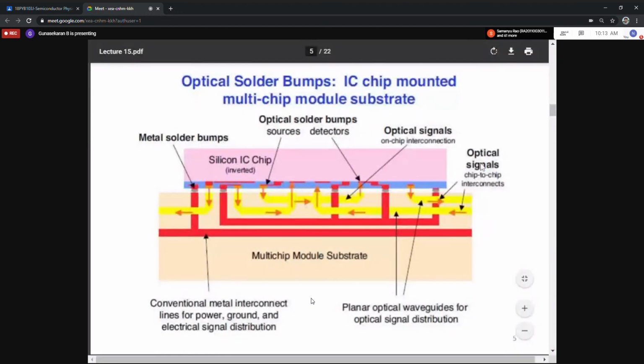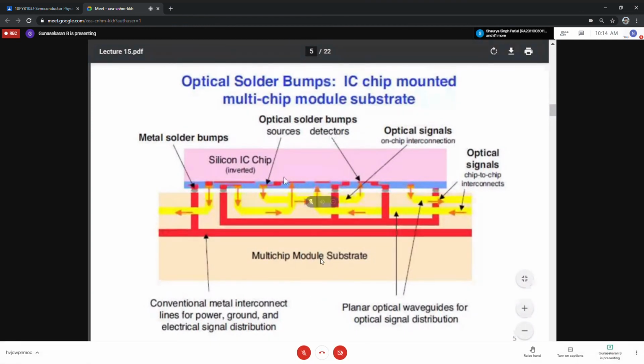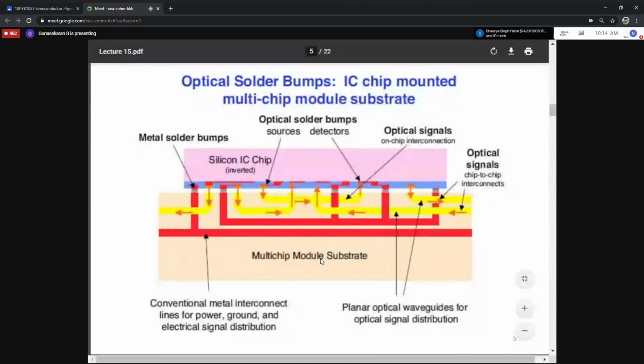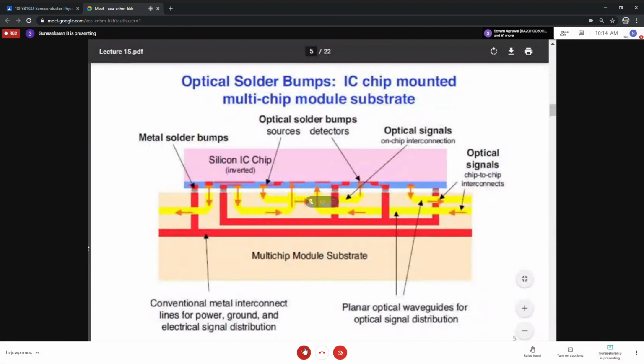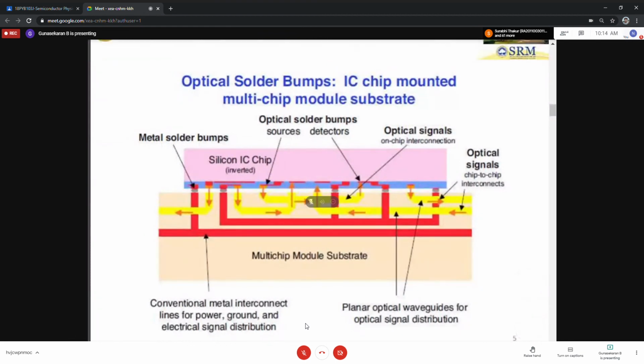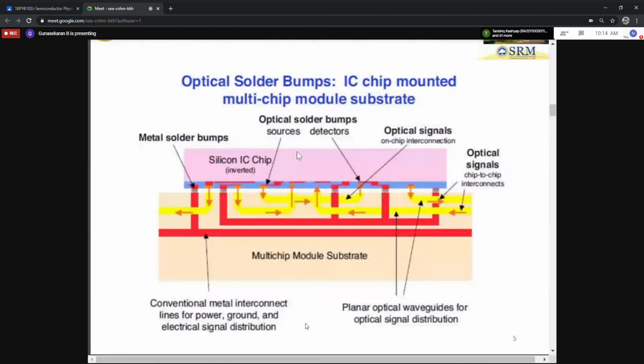And again, the optical signal chips I also connect here. Then optical signals, on-chip interconnection is also there. And these optical solder bumps, that is sources, detectors, so active and passive components. So all these things are fabricated on a single substrate. Do you understand? So that is the OEIC.